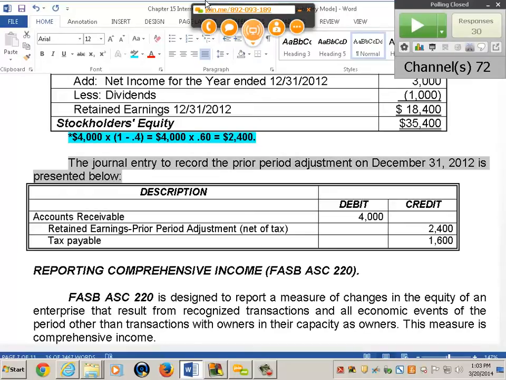All right. So, what accounts are still alive and kicking after that closing process? Well, if you notice, sales goes away, right? So sales is gone, tax expense is gone, so is the income summary.